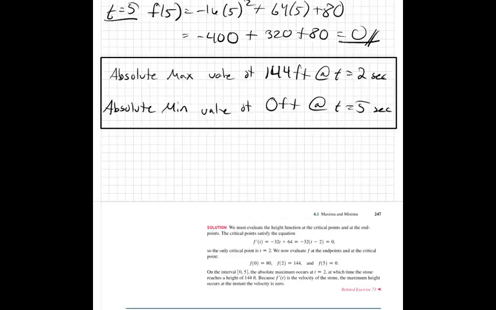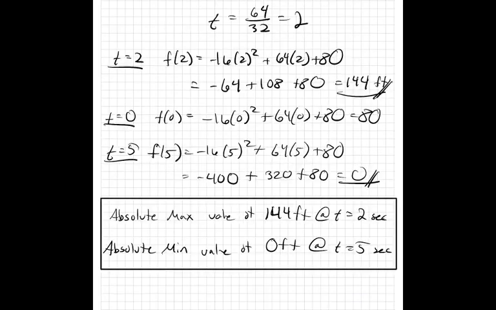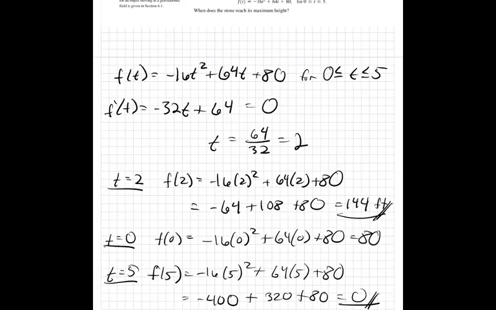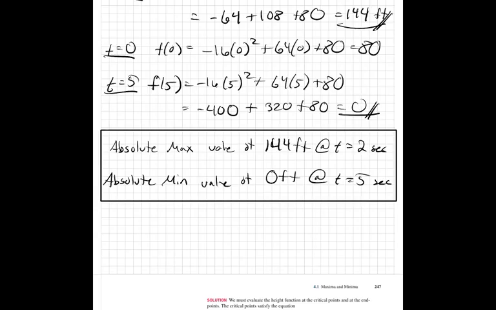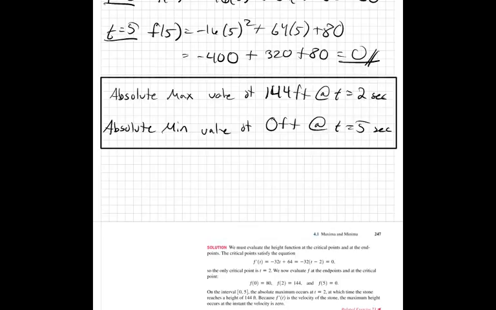I guess the question just said find the max, right? The maximum height, yeah, after 2 seconds. Yeah, we didn't need to find the minimum. But there's an application that's basically telling you that it's on the ground, right? For the second part.